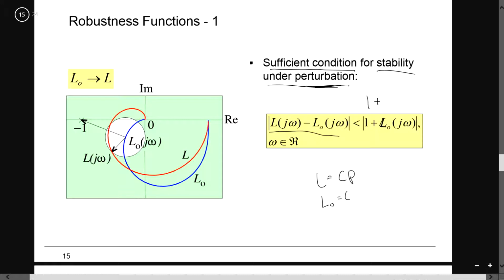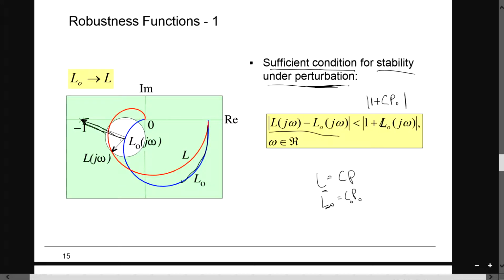L0 is also equal to CP, or in other words, C0 P0. They are in fact two systems. L0 is one system, L is another system. But let's just put it as 1 plus CP0. If you remember, 1 plus CP0 is what?